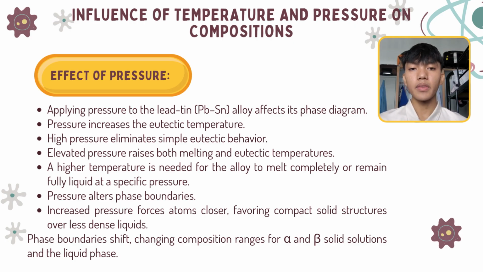Such behavior is explained by the Clapeyron relation, which describes the relationship between pressure, temperature, volume change, and latent heat during phase transformation. Although these pressure-induced shifts are important from a theoretical and thermodynamic perspective, they are not practically significant for everyday soldering and most industrial applications involving Pb-Sn alloys.